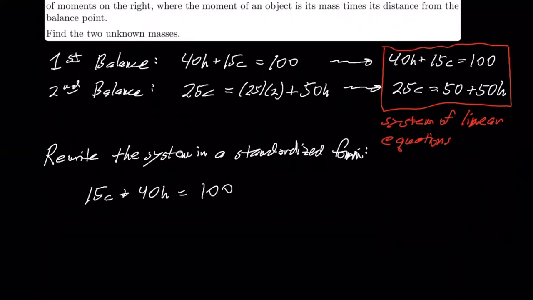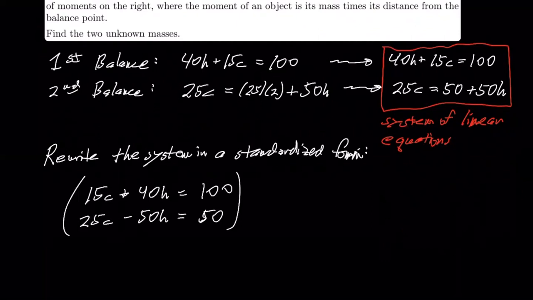And if I do something similar with the second equation, we'd have 25C on the left, and then I can subtract the 50H over from the right, and leave the constant value 50 on the right. And so what we've done is we've lined up the C's, lined up the H's, and lined up the constant terms. And that could be considered a more systematic way to write down the system of equations. So let me just put that in parentheses. That's kind of our system.